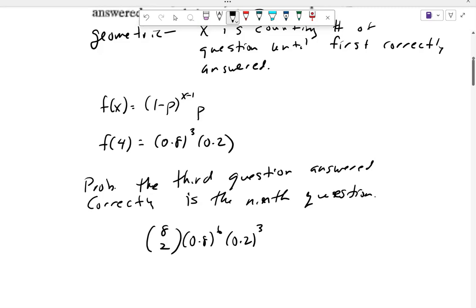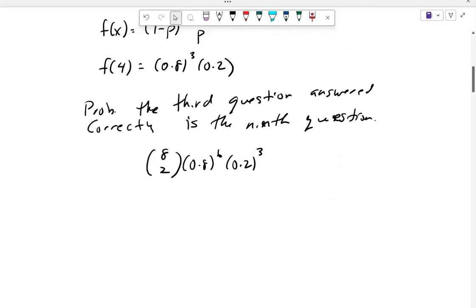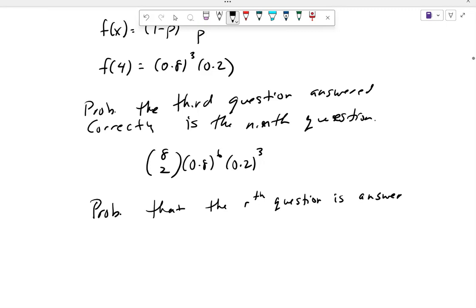Okay. So what if we're asked instead with a general question, and we're going to just do everything in general, with probability of success P: the probability that the rth question is answered correctly is the xth question.